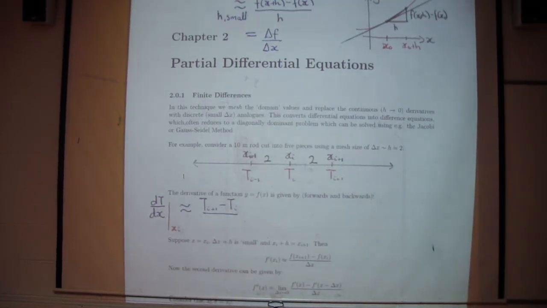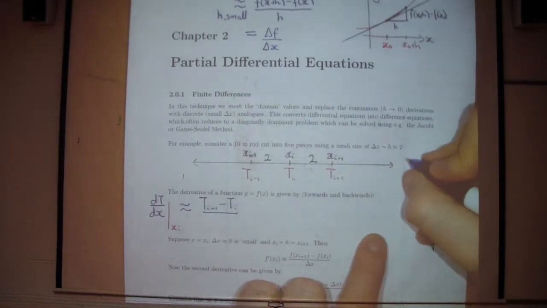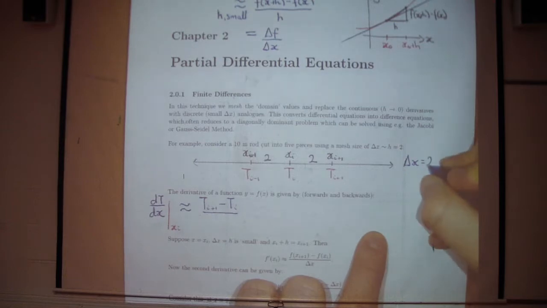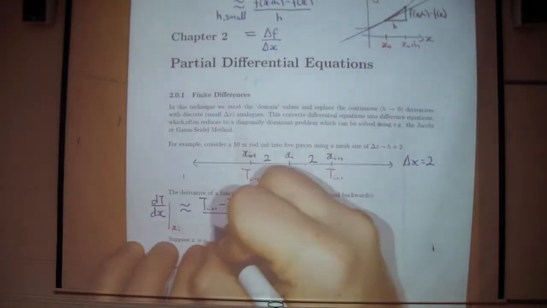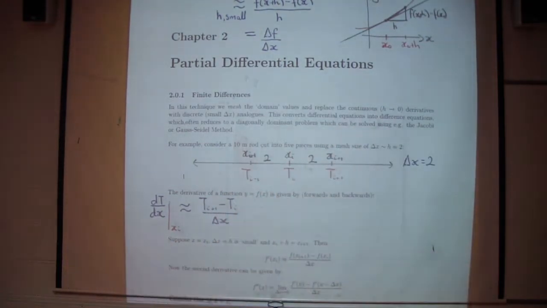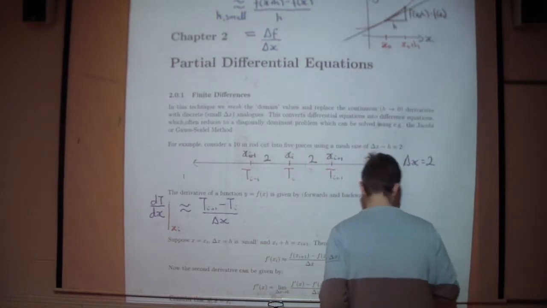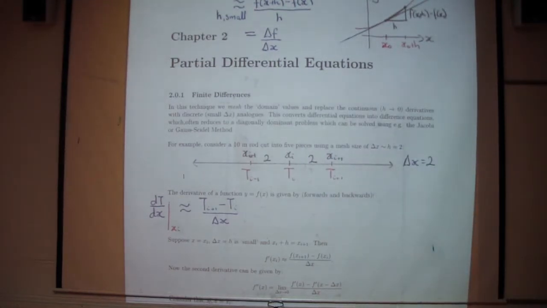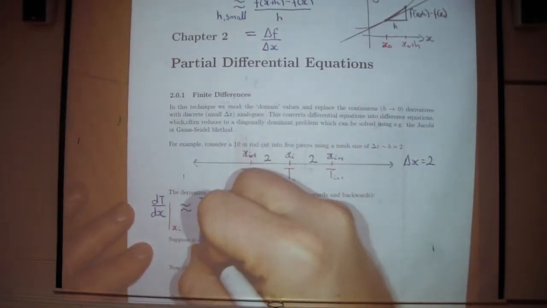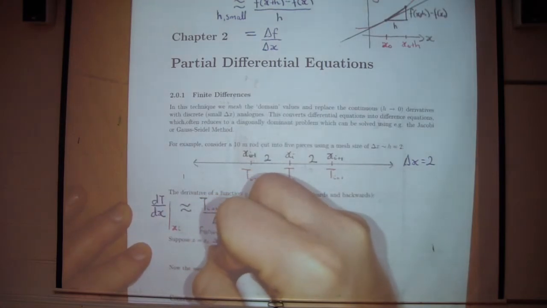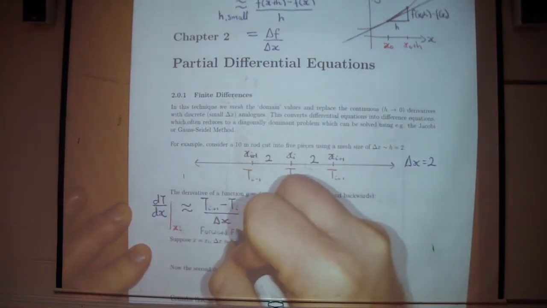In this specific example, take delta x to be 2. So that is the forward difference approximation of the derivative at this point. This is the forward finite difference.